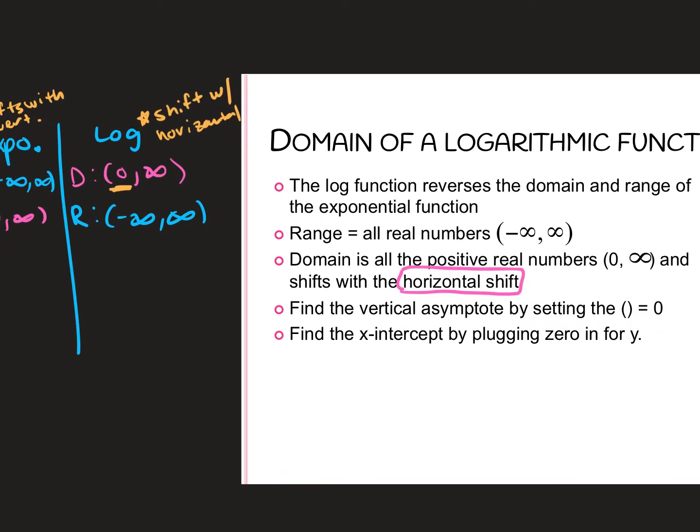So to find the vertical asymptote, this is super important here. To find the vertical asymptote, we set whatever is in the parentheses equal to 0. So our log function may look like y is equal to log base 7 of (x plus 4). So to find our vertical asymptote, we take what's inside the parentheses and set it equal to 0. So x plus 4 is equal to 0. I would subtract 4 on both sides, so x is equal to negative 4. That is my vertical asymptote here.